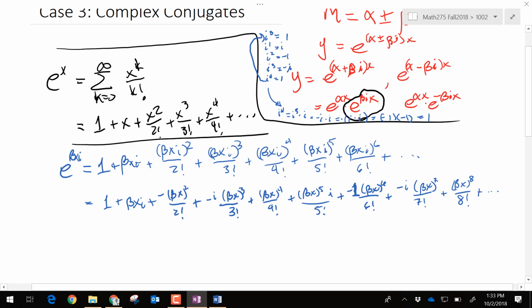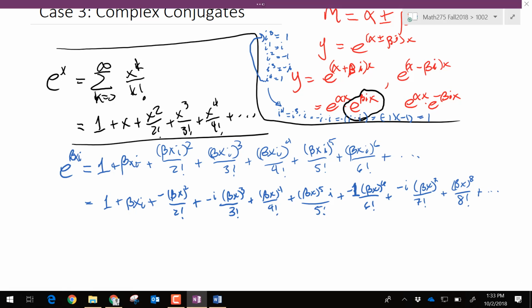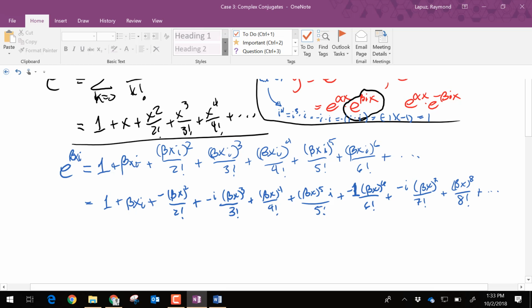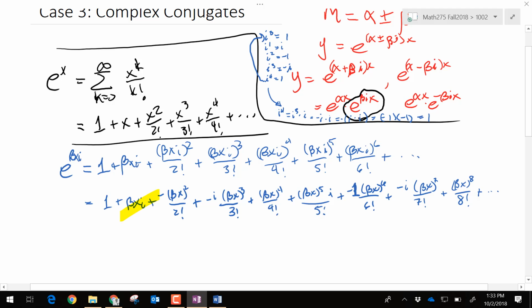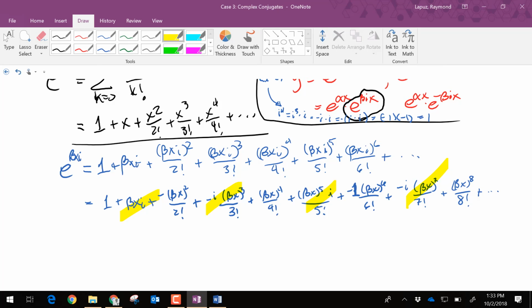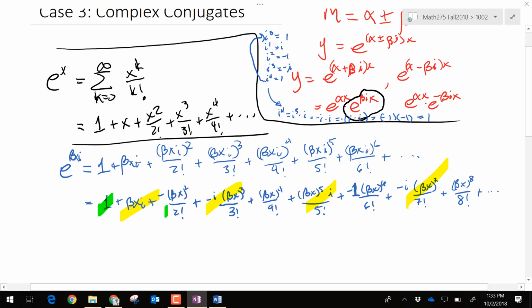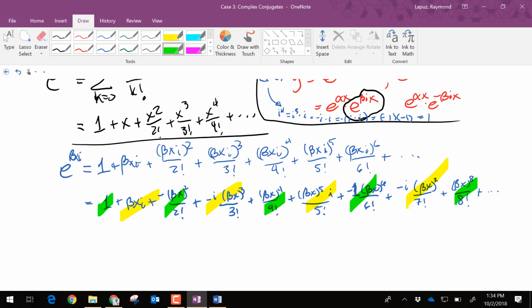Okay. So there's a lot of them. What I'm interested in doing is collecting all the terms that have an i and all the terms that don't have an i. If you notice something interesting about the terms that have an i versus the terms that don't have an i, the powers seem to be all even or all odds, right?